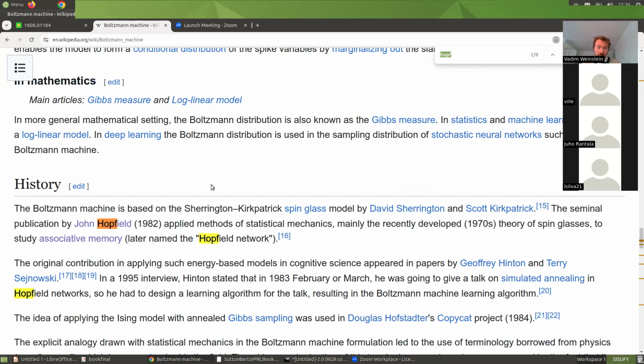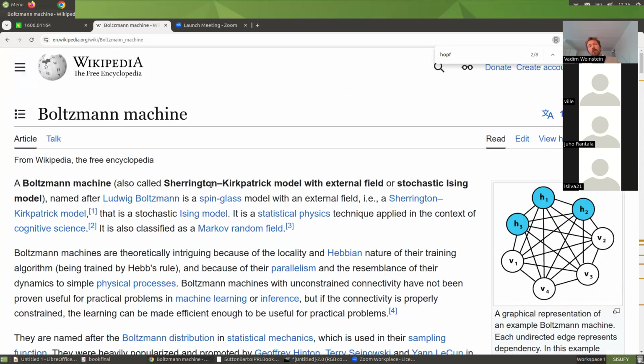Looks like Hopfield was earlier. Anyway, both are based on physics. Boltzmann, as you know, was a physicist, and it's called a Boltzmann machine because it's kind of statistical.